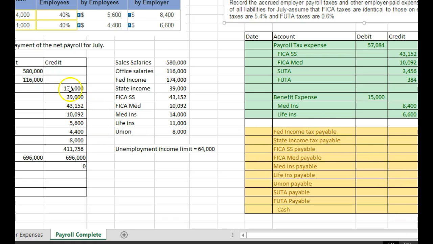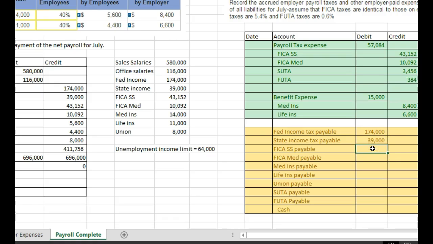If you remember federal income tax, which is $174, I need to pay that. So I'm going to debit it. My state income tax was $39,000. So we're going to put that in there. FICA, Social Security. Now, I have to add the two together. I've got to add the employee and the employer.